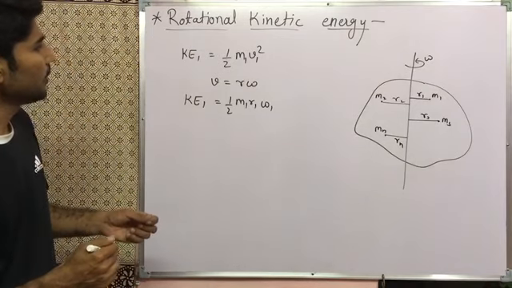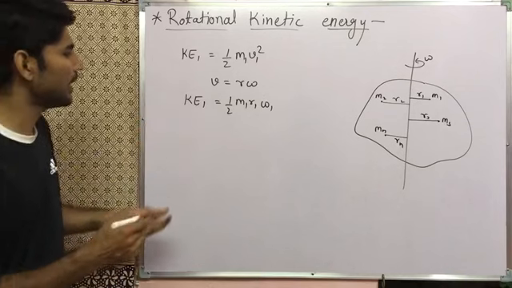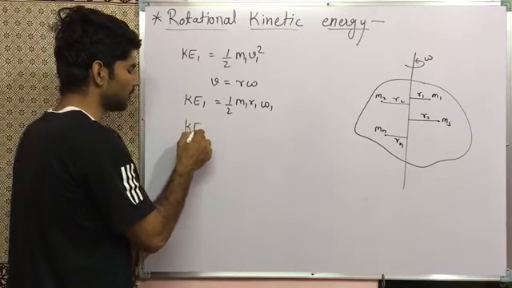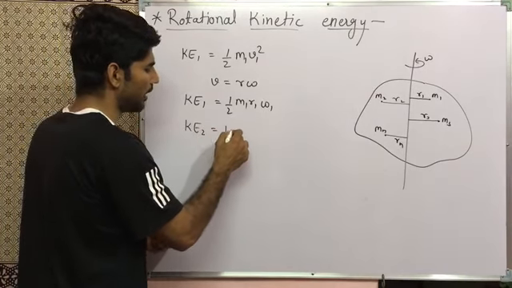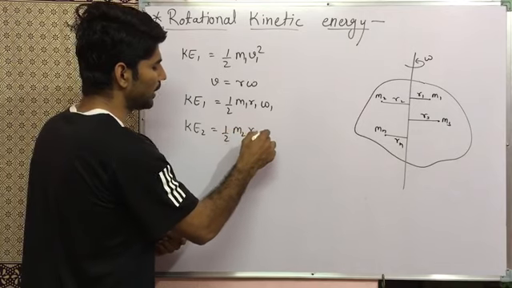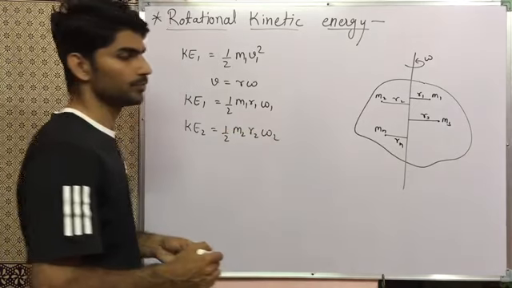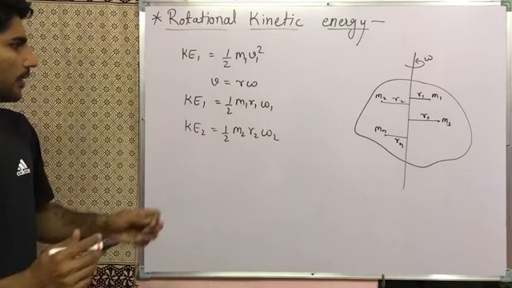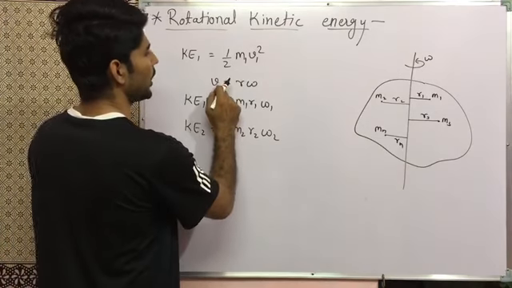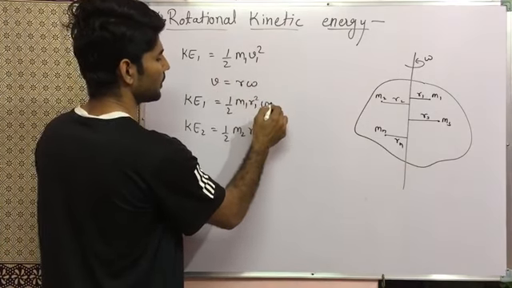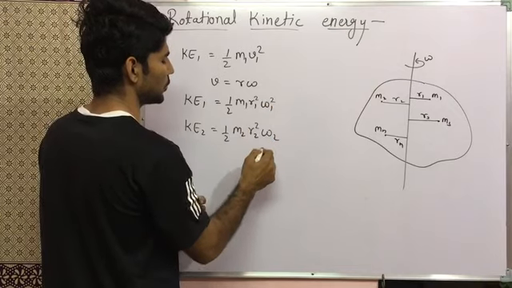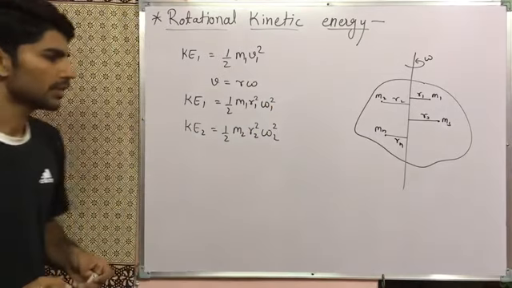And now we write the kinetic energy for the second particle, which is half m2 r2 omega 2. Sorry, this is the square of velocity, so we write r1 square omega 1 square, r2 square omega 2 square.